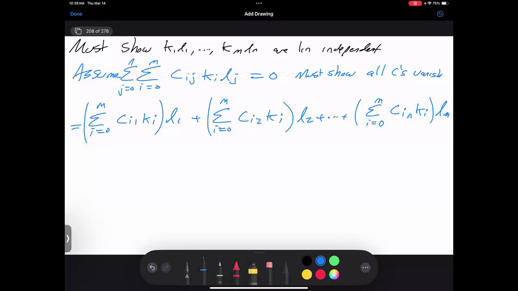But what do we know about the L's? The L's are linearly independent. So because the L's are linearly independent and this sum vanishes, so as L1, L2, dot dot dot, Ln, the last one should be Ln.